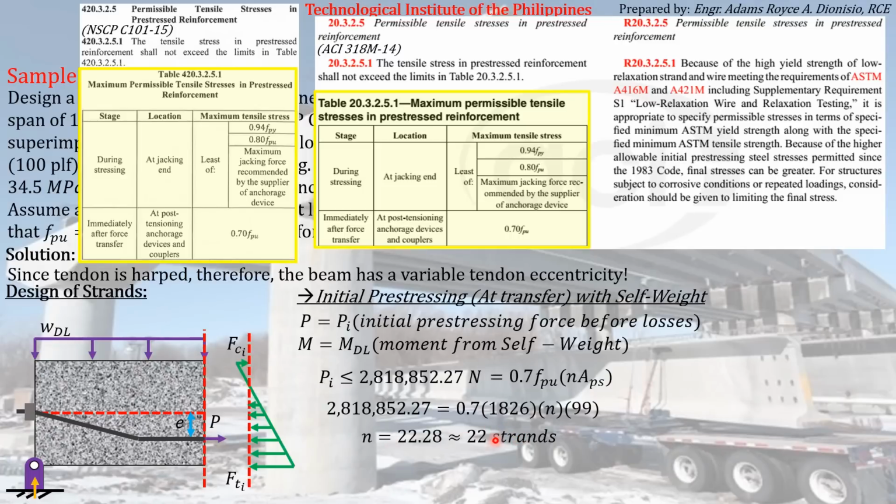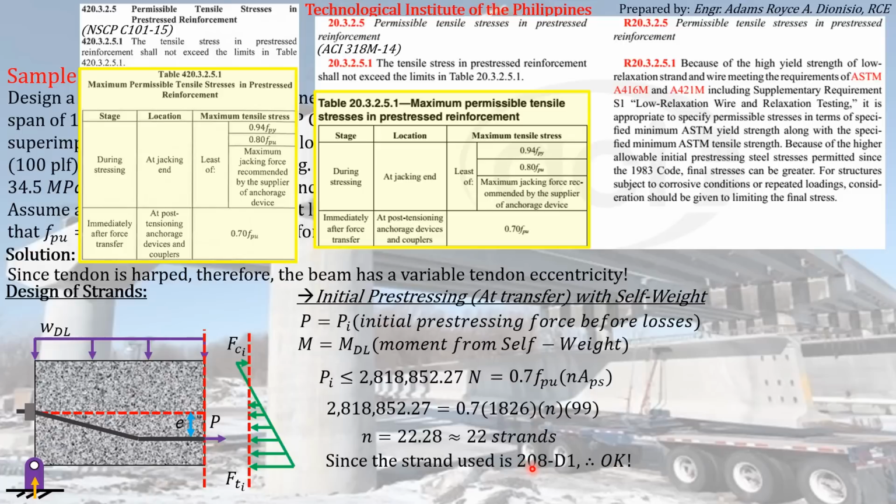So therefore, since the requirement is 22 strands, and we have assumed that the strand pattern that we have used is 208-D1, we can say that the strand that we have assumed is okay, because may I just remind you the meaning of the strand pattern. The first two digits here stand for the number of strands for this particular strand pattern.